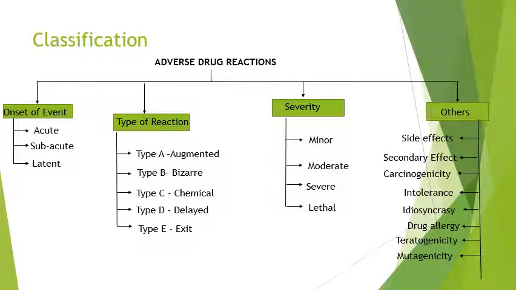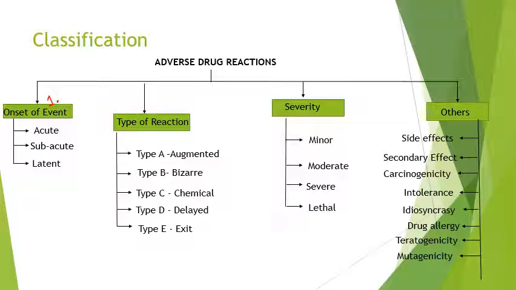Now talking about the classification of adverse drug reaction, as you can see, the classification is very comprehensive. First we will start with onset of action. On the basis of onset of action, adverse drug reactions can be classified as acute, subacute and latent. If it is an acute adverse drug reaction, the reaction has occurred within 60 minutes of administration of the drug.